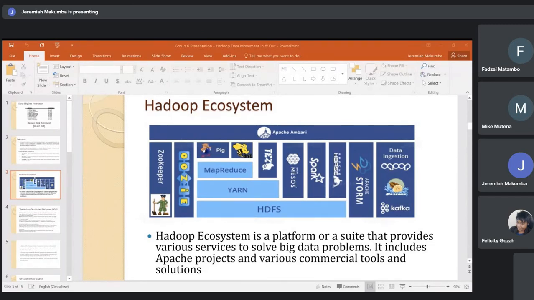The default is 128 megabytes. So if it's 600, then you have 128, 128, 128, and then the remaining 88 at the end.